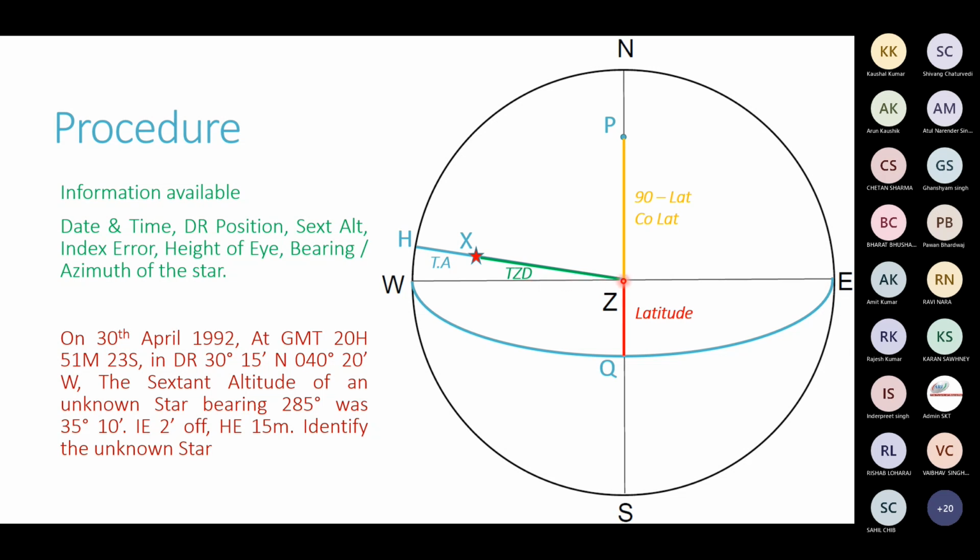You can also see that the true zenith distance and the true altitude added together always add up to 90 degrees. ZX plus XH or HX adds up to a total of 90 degrees, which can be considered as the radius of this rational horizon diagram.